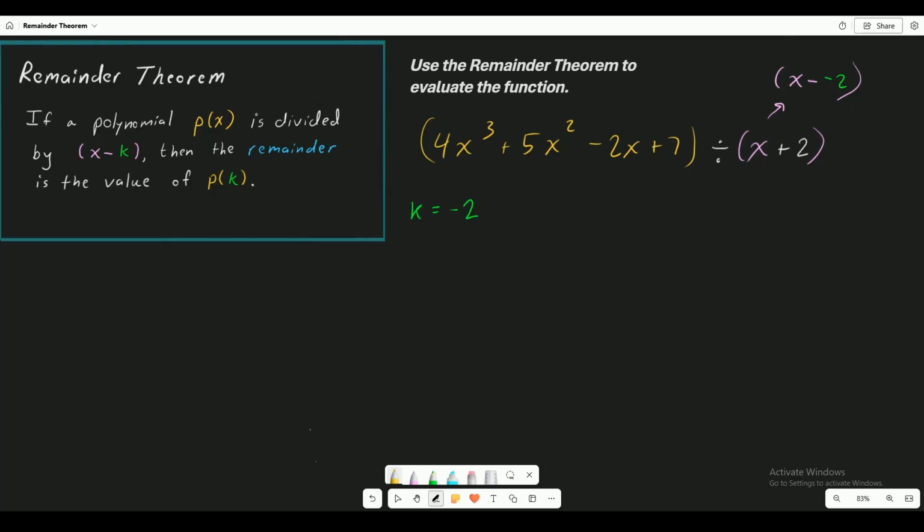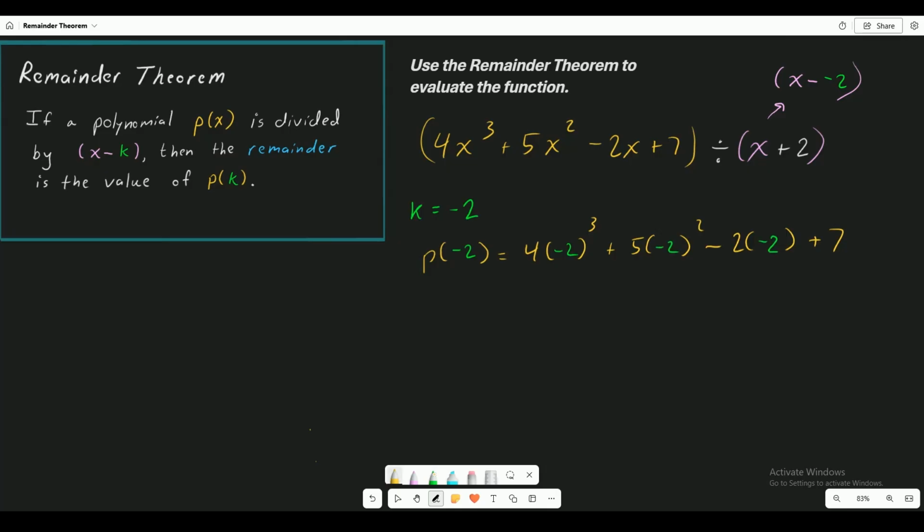So the remainder is the value p of k. So p of k is equal to 4 times x cubed plus 5 times x squared minus 2 times x plus 7. And let's plug in negative 2, negative 2, negative 2.